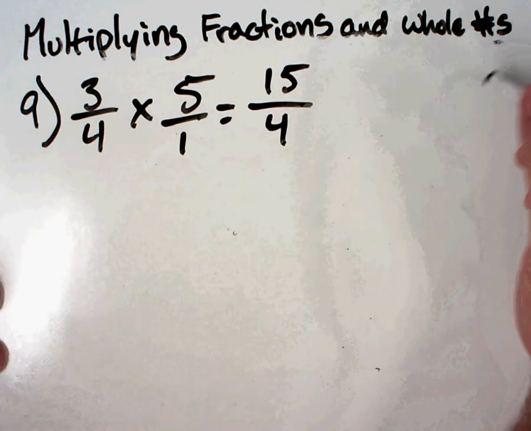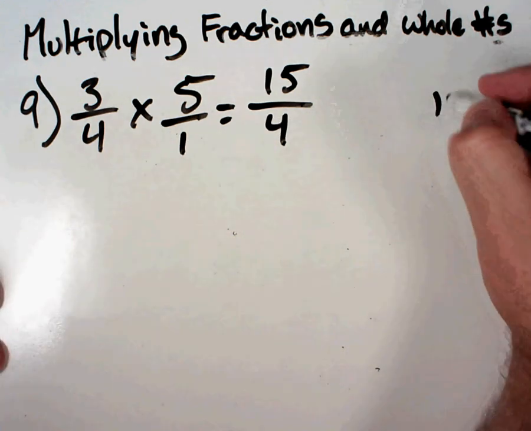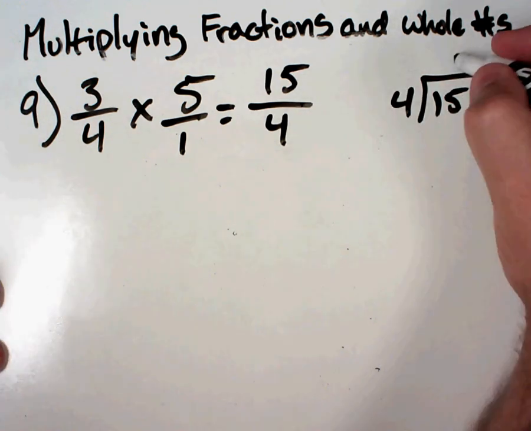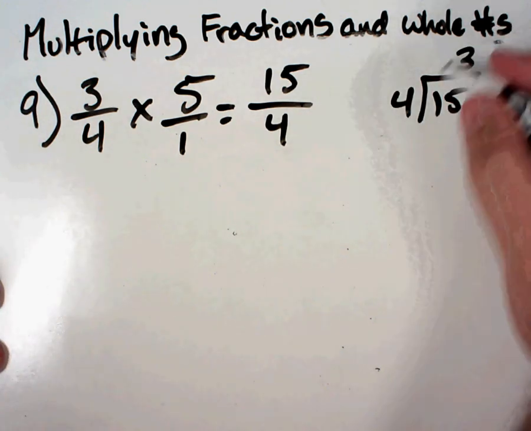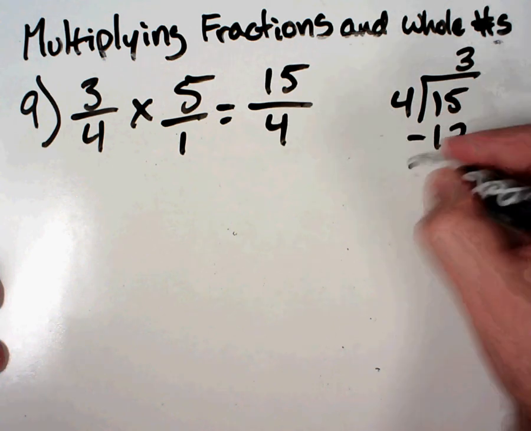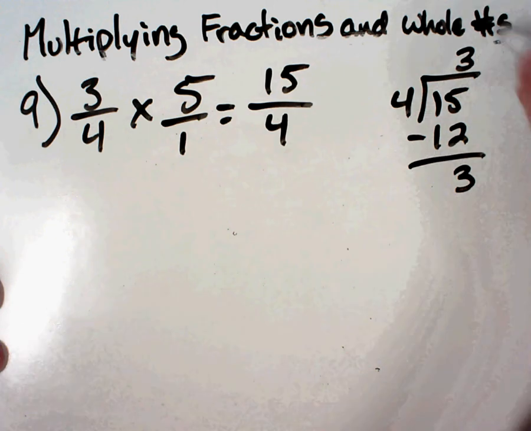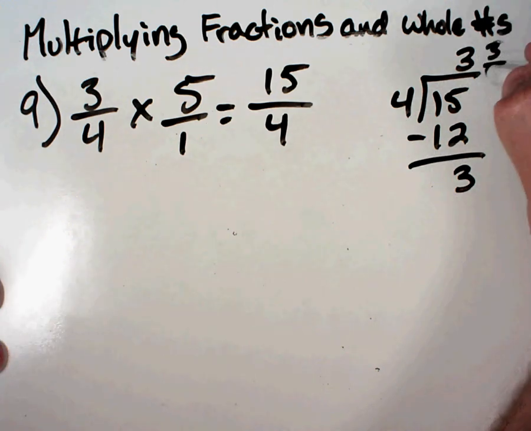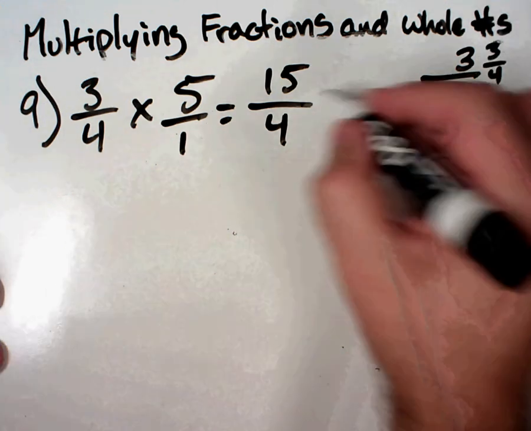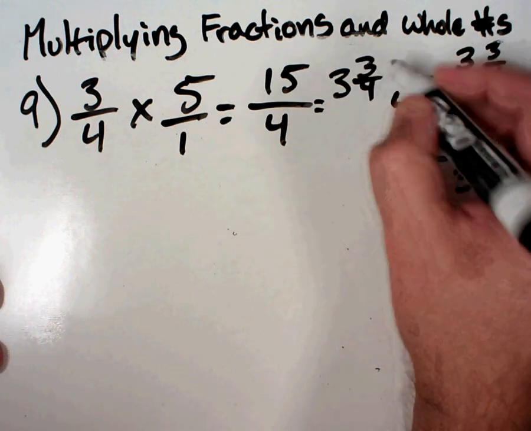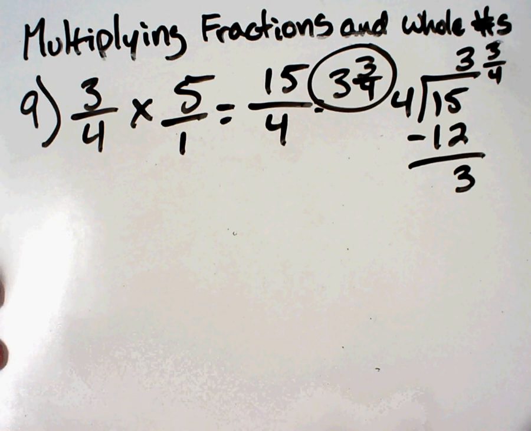It is an improper fraction, so I've got to set up my division problem to change it to a mixed number. 4 goes into 15 3 times. 3 times 4 gives me 12. 15 minus 12 is 3. So my remainder is 3/4. So my answer is 3 and 3/4. Kind of mashed in there.